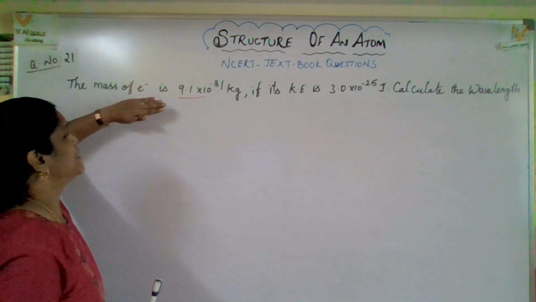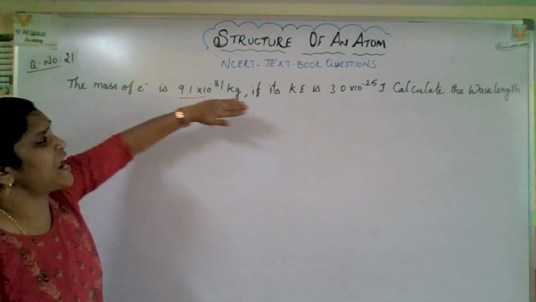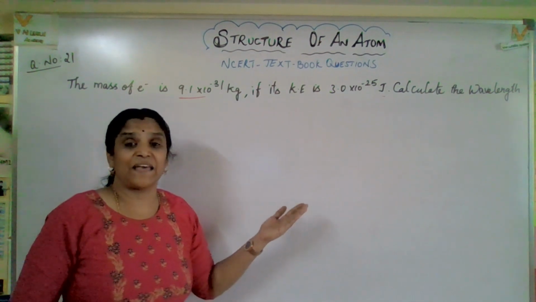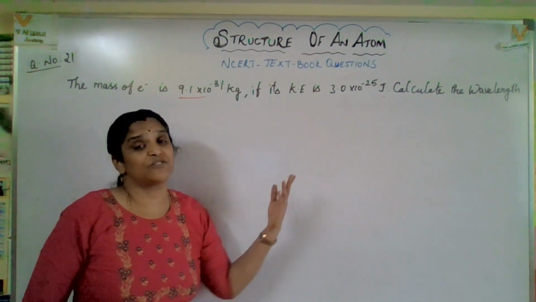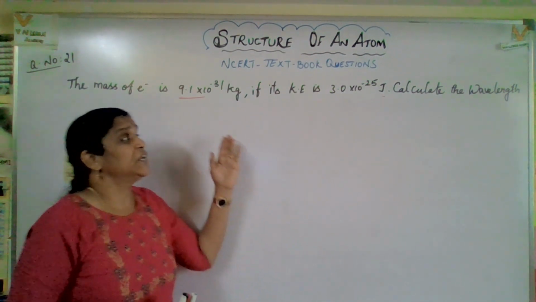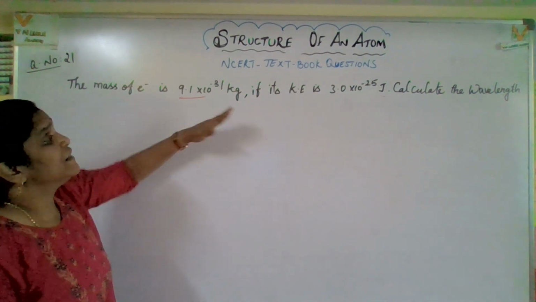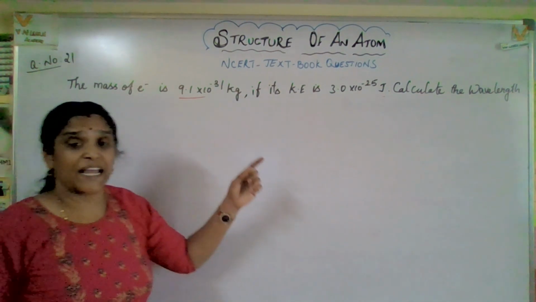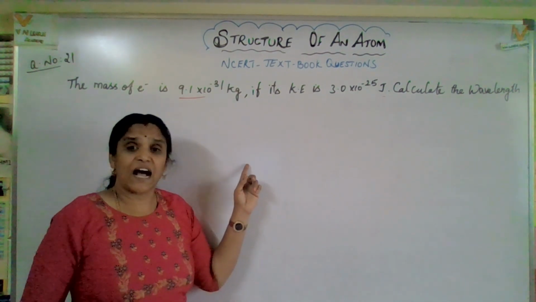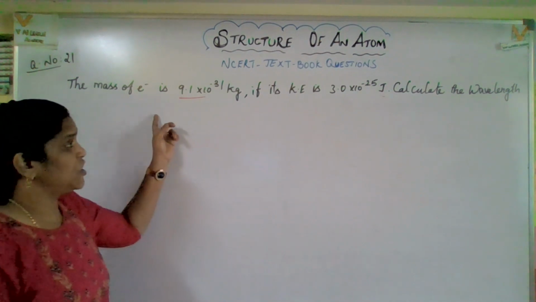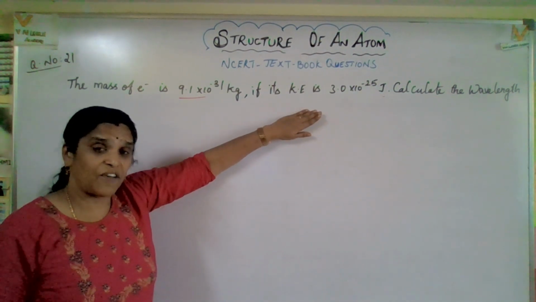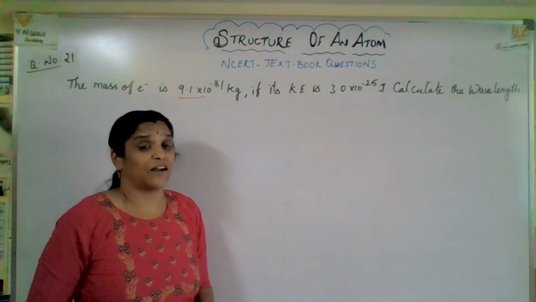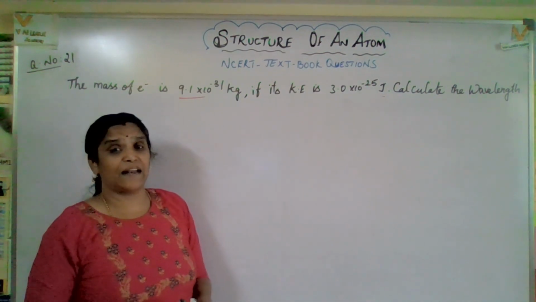They give the mass and the kinetic energy, so indirectly the electron is moving. Kinetic energy KE is equal to half mv squared. Velocity is not provided, so you have to find the velocity and then calculate the wavelength using de Broglie's wave equation.